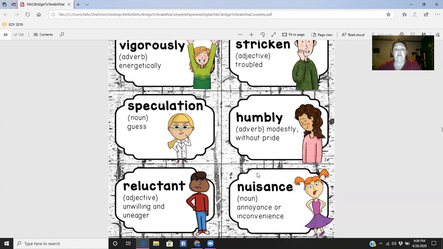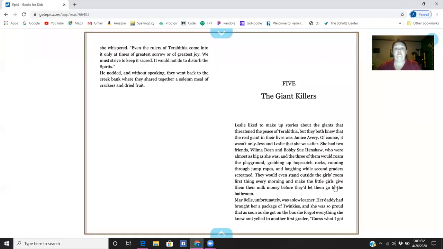Now I'm going to go ahead and pull up on the Epic app chapter 5 of Bridge to Terabithia, and we'll go ahead and get started. And remember, as you're reading in the Epic app, you can always click on a word if you don't know what the word means.